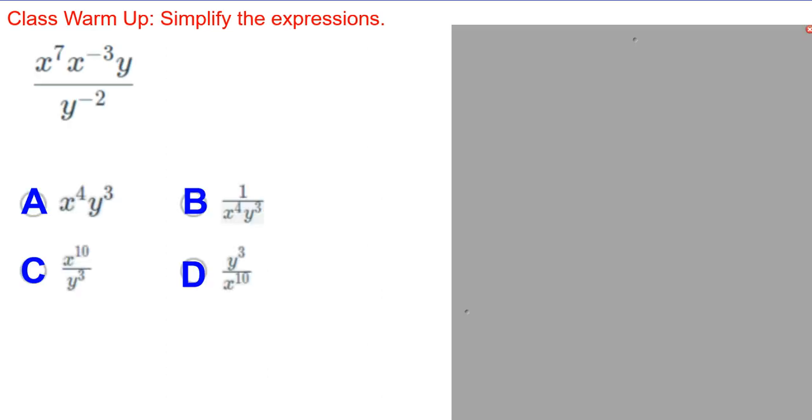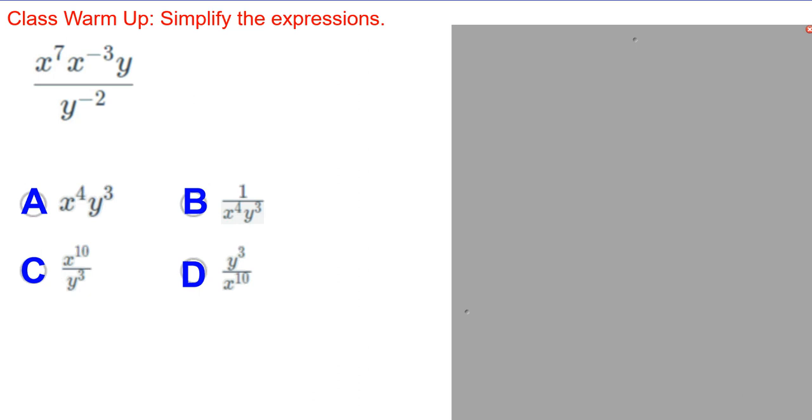Now, if you look at your next example, we want to simplify x to the 7th, x to the negative 3rd, y divided by y to the negative 2nd. And we did give you a couple of multiple choice answer options to kind of match and see if you were on target. So as we're looking at this problem here, again, you're going to look to see, is everything in the right place to start with, and then can we start working on simplifying from there?